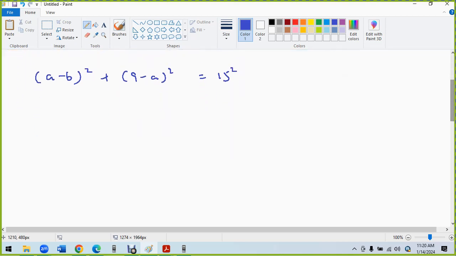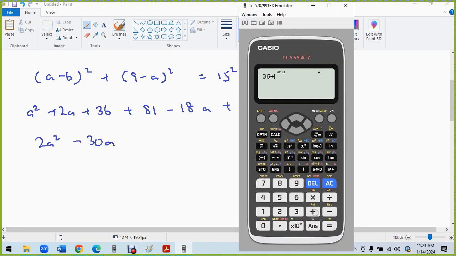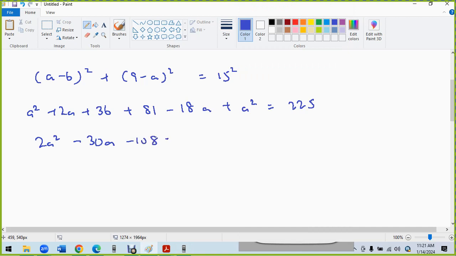So we expand this one. We have A squared minus 12A plus 36 plus 81 minus 18A plus A squared equal to 225. So we have 2A squared minus 30A, and then 36 plus 81 minus 225, that is negative 108, equal to 0. So A squared minus 15A minus 54 equal to 0.